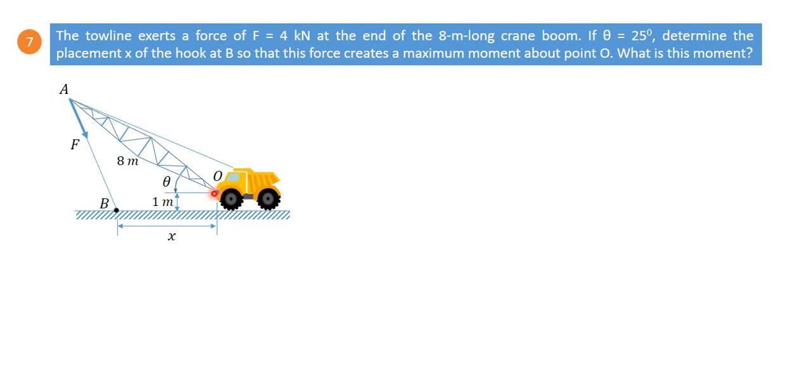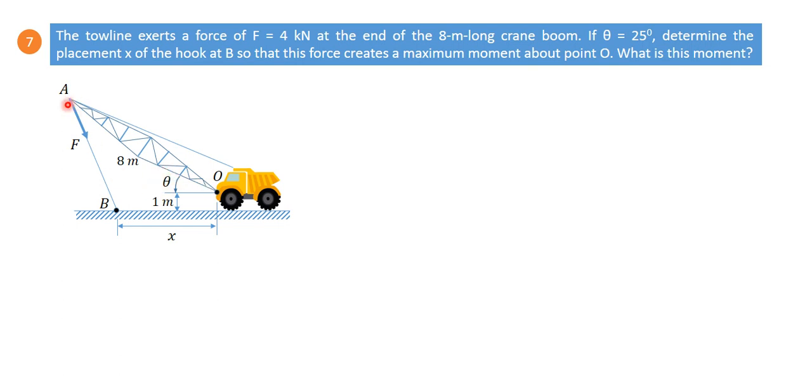As we know, moment is r cross F, and r cross F is F r sin theta, and F r sin theta will be maximum when theta is 90 degree, where this theta is the angle between the force vector and the position vector. It should not be confused with this theta.